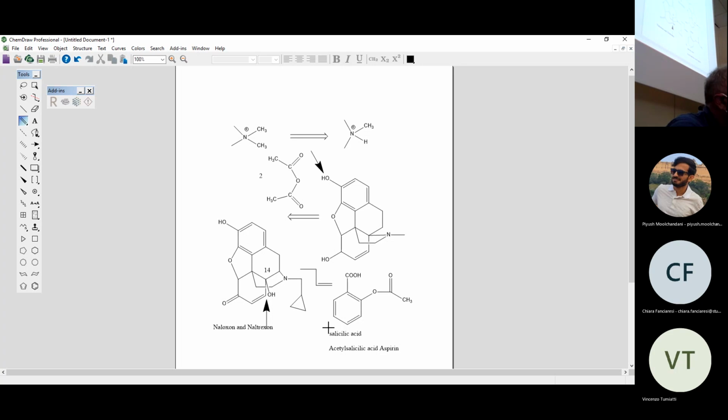But if you use this compound in a patient treated with morphine, this compound occupies the receptors, and then you immediately have the abstinence crisis, the withdrawal crisis. Because you occupy the receptor, but these compounds are not able to activate the receptor.